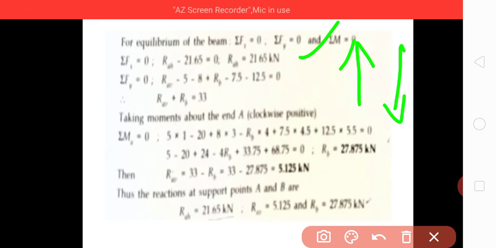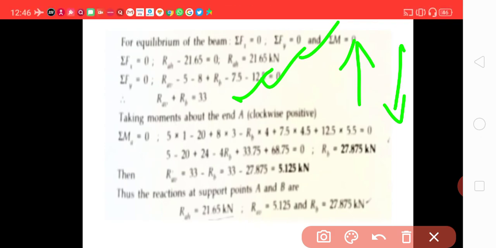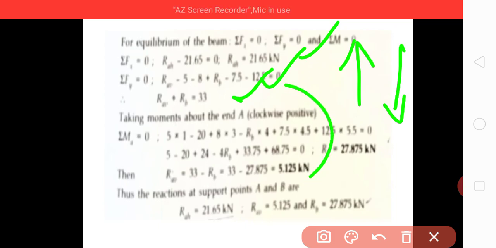So RAV minus 5 minus 8 plus RB minus 7.5 minus 12.5 equal to 0, which comes out RAV plus RB is equal to 33. Now taking moment about the end A and taking clockwise moment as positive.